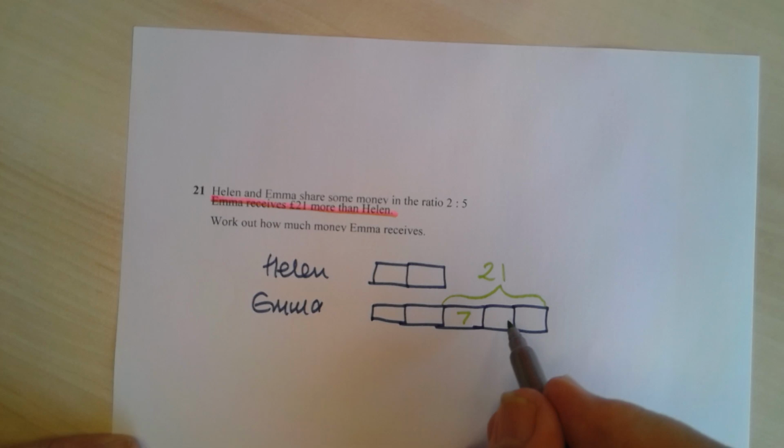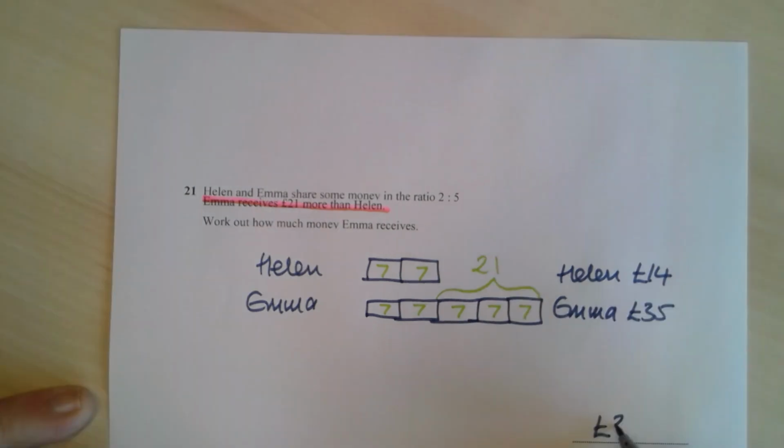Therefore, I know that Helen will get £14, and I know that Emma will get £35. Thank you for listening.